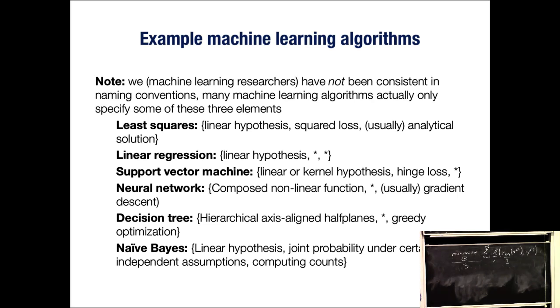So least squares, right? Least squares as an algorithm typically means what we saw before, which is a linear hypothesis class, first of all. Squared error, that's where this least squares comes in. So when you say least squares, you always mean squared error.